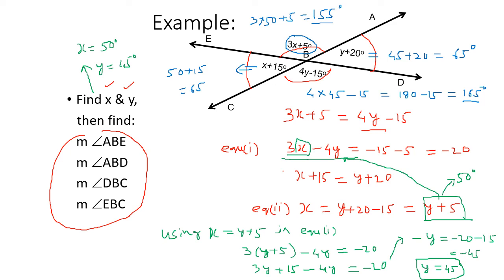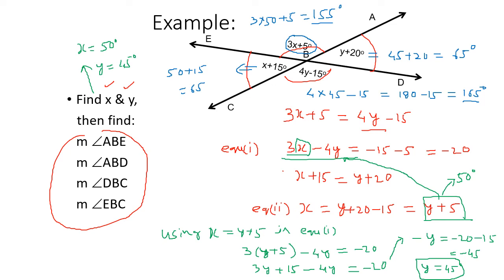Something is wrong because they should be equal. So we need to check what is wrong here.